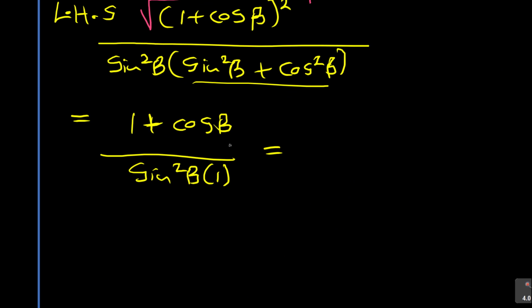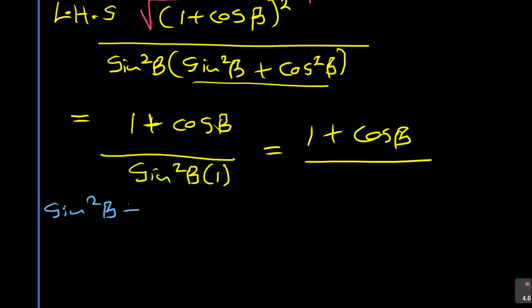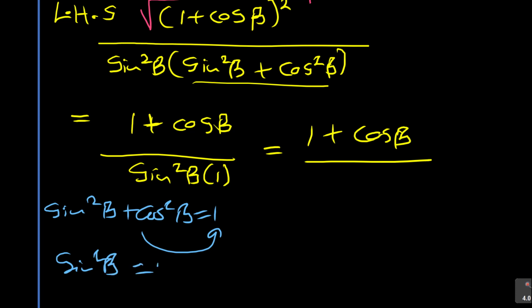Since you want to take it back, you've got 1 plus cos b over sine squared. You ask yourself, what is sine squared? You come back to that identity. Remember, sine squared b plus cos squared b equals 1. Take this to the other side, so sine squared b is equal to 1 minus cos squared b.